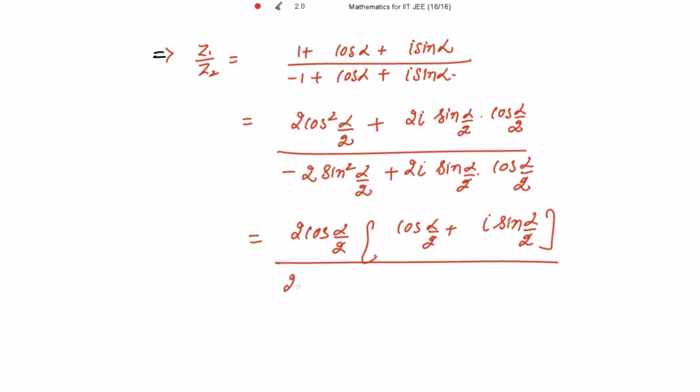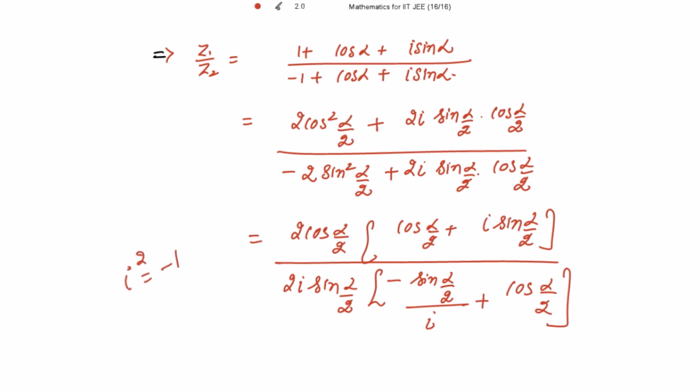And taking 2 iota sine alpha by 2 common from the denominator, because I have also taken iota, I must divide sine alpha by 2 by iota, so this is plus cos of alpha by 2, right? Now this minus 1 can be written as iota square, right? Iota square is negative 1. So I'm writing this negative sign as iota square, and this one iota will be cancelled out with the iota present in the denominator, and these two terms are now same.